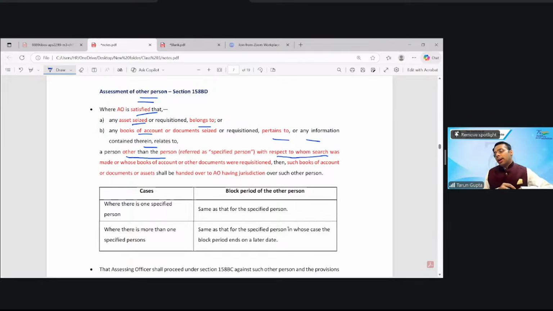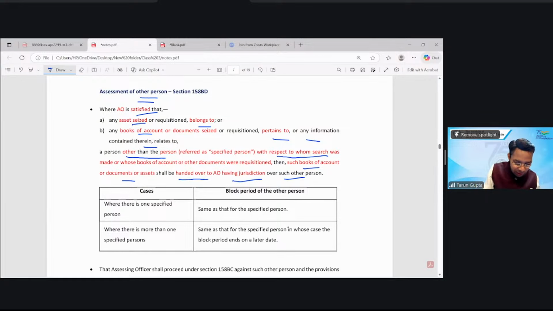So say the search was made in the premises of a builder, but there they found that Mr. A has paid rupees 1 crore in cash to book a house. So this information pertains to Mr. A. Then such books of account or document or assets shall be handed over to AO having jurisdiction over Mr. A's case.